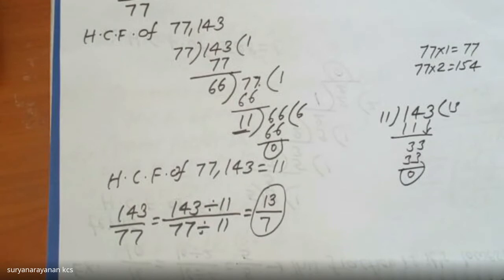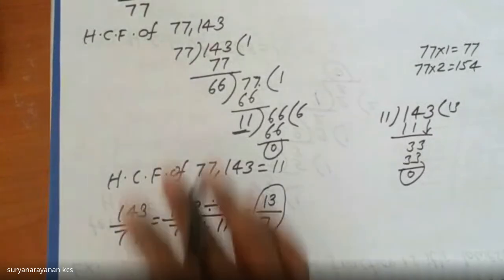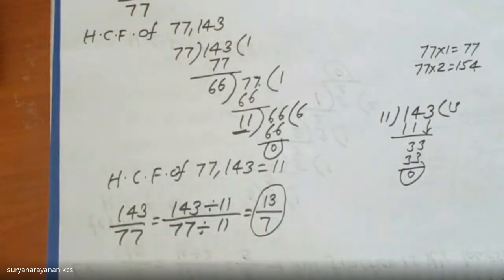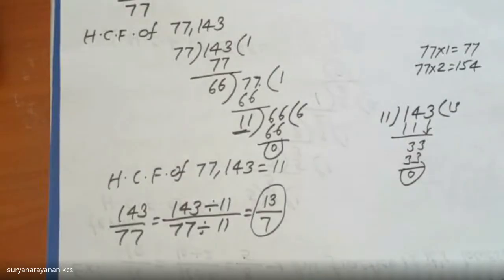Actually, I think to simplify this number, you may use the factorization method. How do you write a fraction in its simplest form? Which method do you follow? Suppose if this fraction is given, which method did you follow previously? Division, sir. How do you divide?